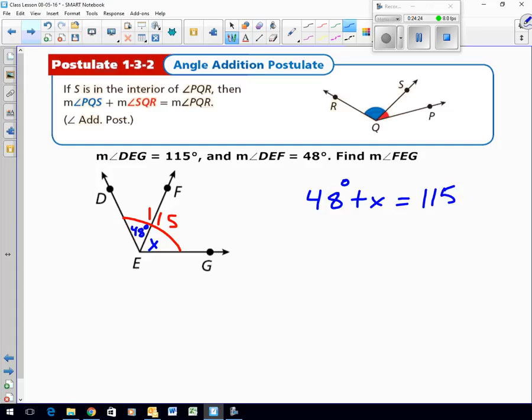Well, you simply subtract 48 from 115. 57. Now I got to add them back together.